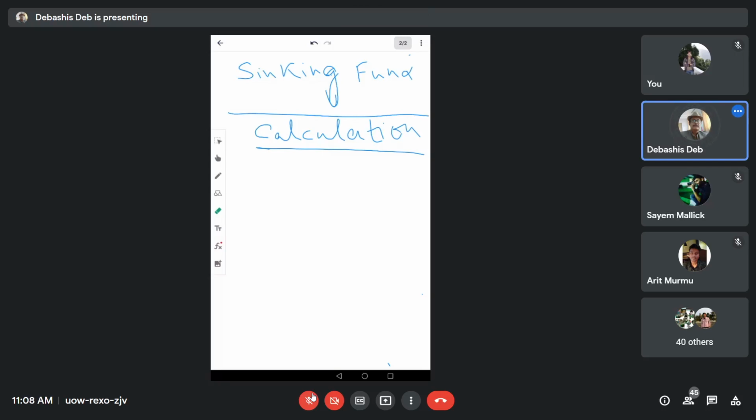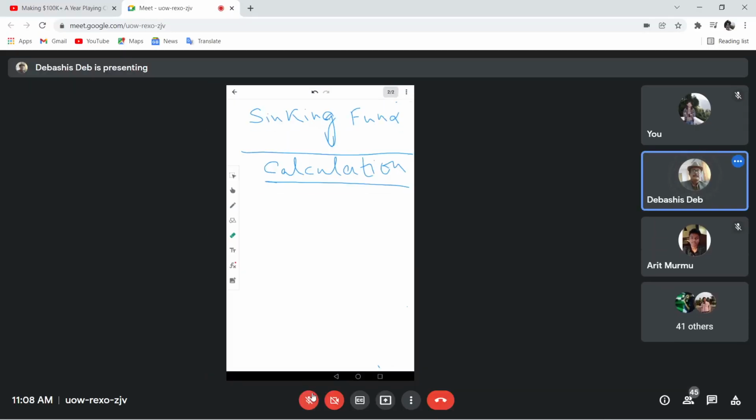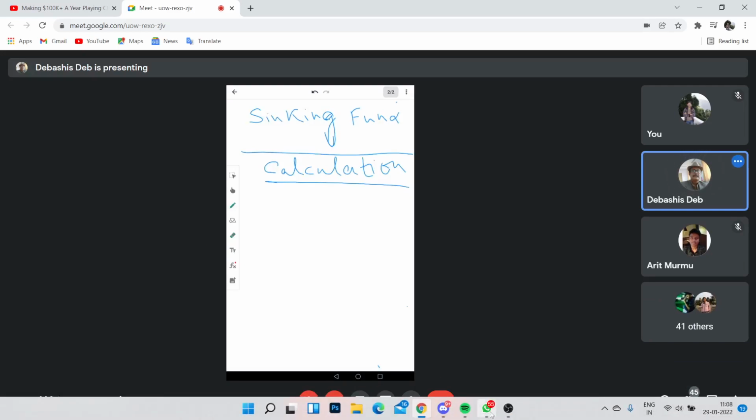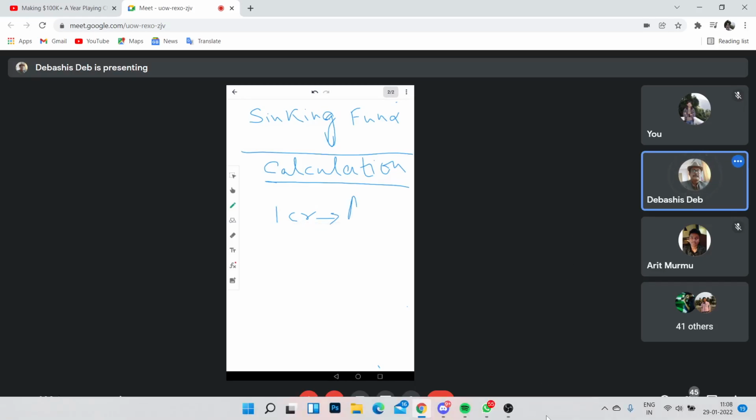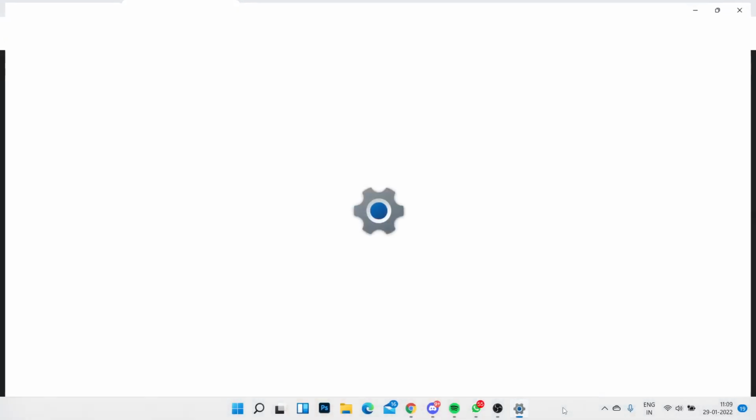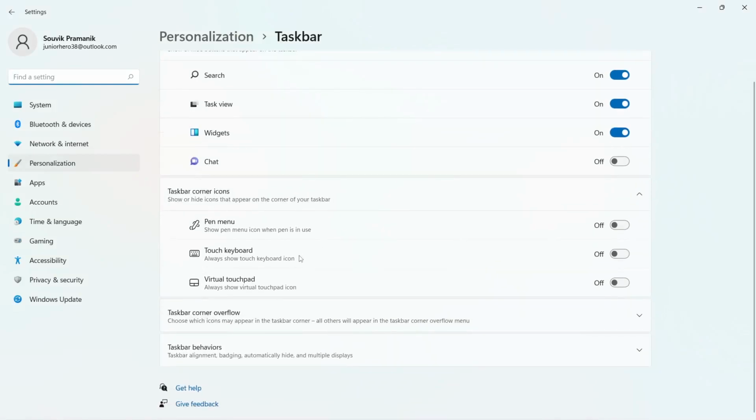Sinking fund. Yesterday I have already told you, say rupees 1 crore I invest for purchasing one asset, say building.